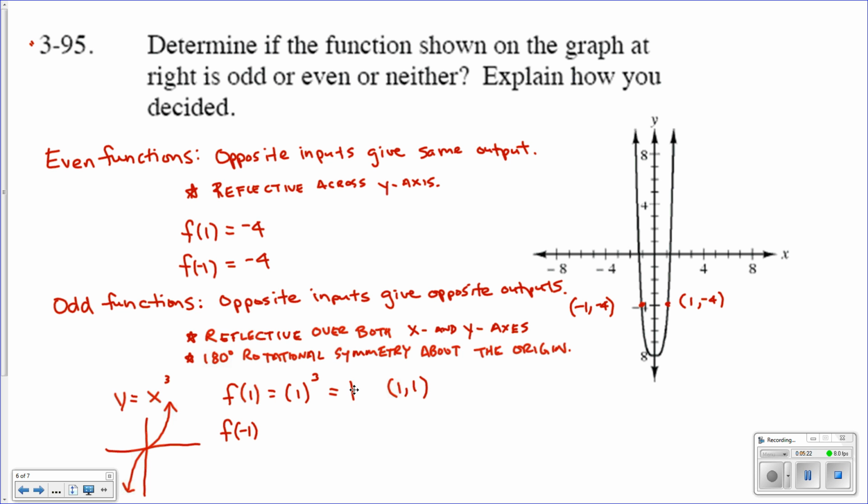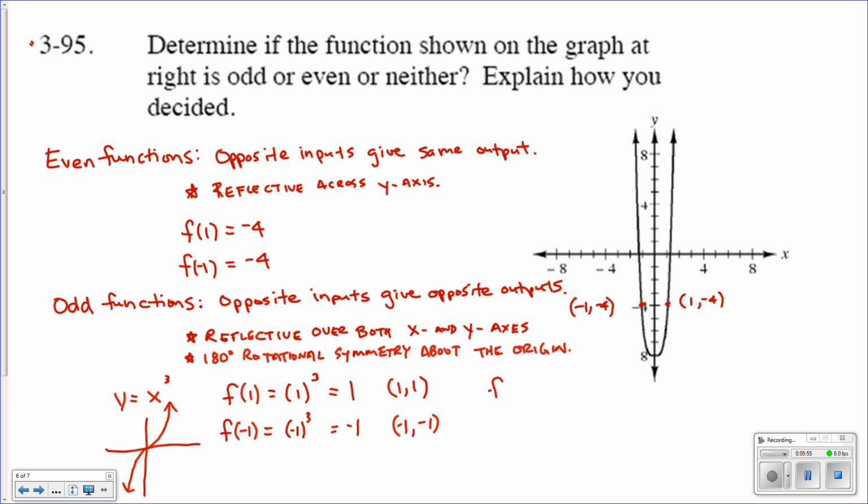So if the output for 1 was 1, the output for -1 is going to have to be the opposite of whatever this is, which is exactly what we see when we raise -1 to the third power. We get -1 out. So we get the point -1, -1. Sorry about that. So we went back 1, we went down 1 there. So that's where you see that. They're always going to be in these opposite quadrants here.